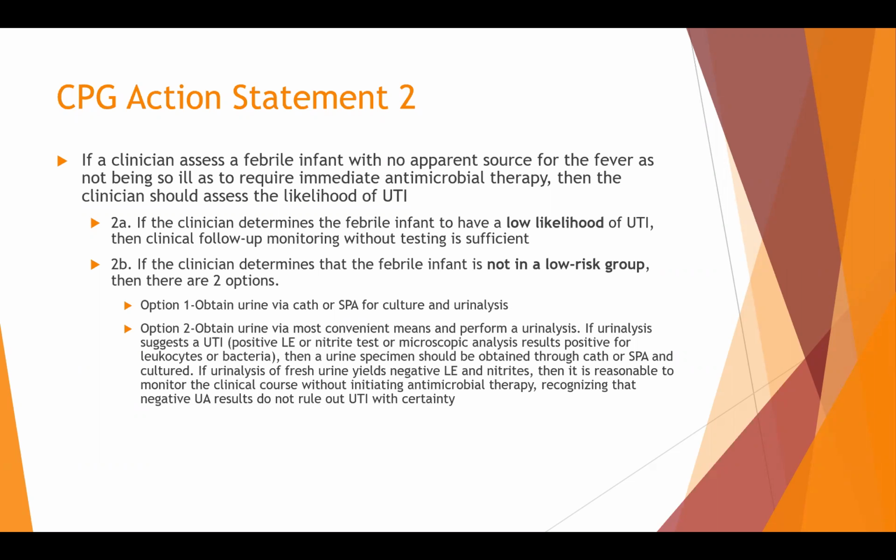But if it's negative, then you don't have to cath them and don't need to be sending a culture. So a lot of times we end up going this route, to save them from the cath if possible. But sometimes, obviously, we can't always do that.